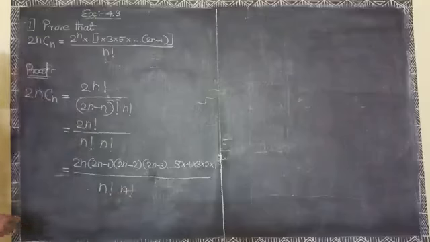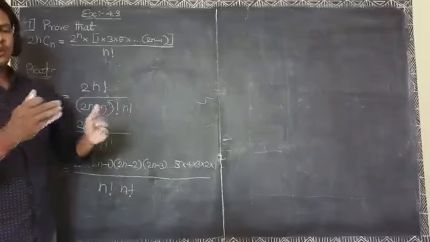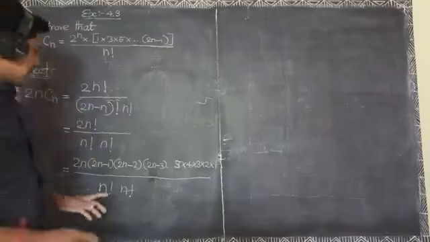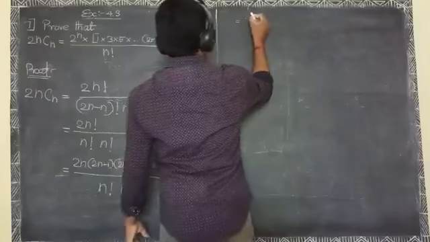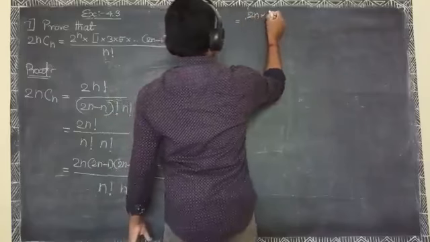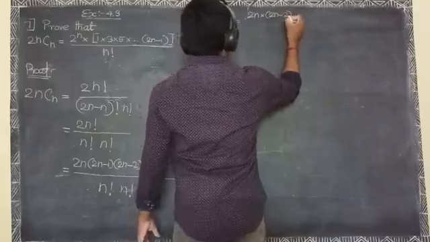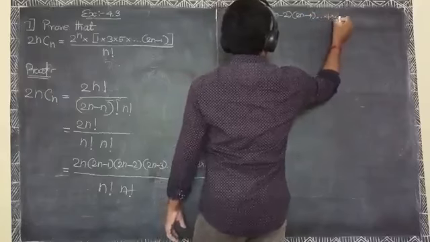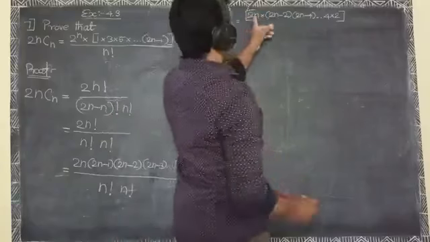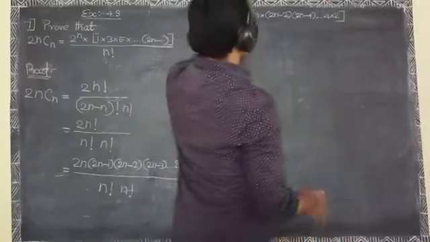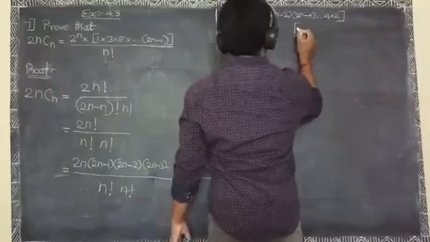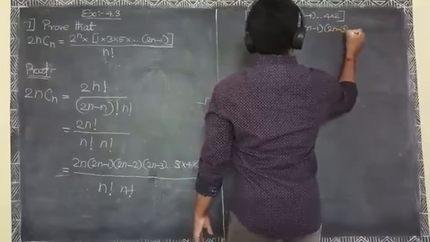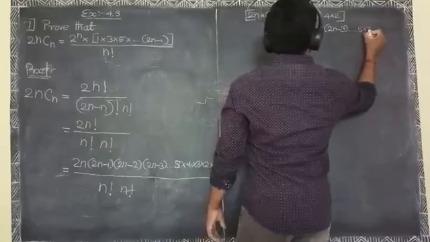In the numerator we can split into the product of odd numbers and the product of even numbers. Here the product of even numbers is 2n into (2n minus 2), (2n minus 4) and so on, 4 into 2. And the product of odd numbers is (2n minus 1), (2n minus 3) and so on, 5 into 3 into 1.